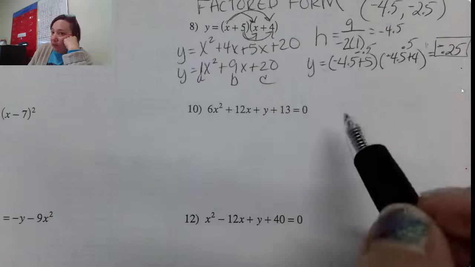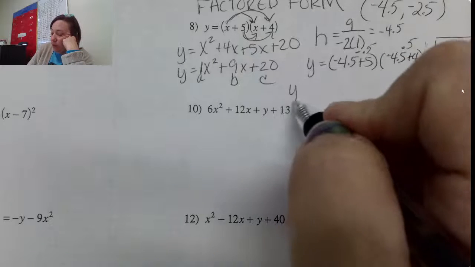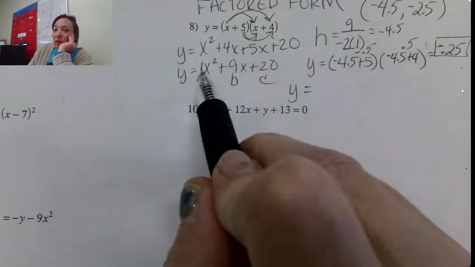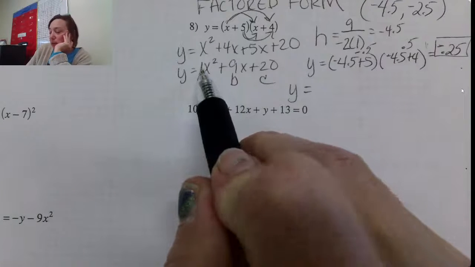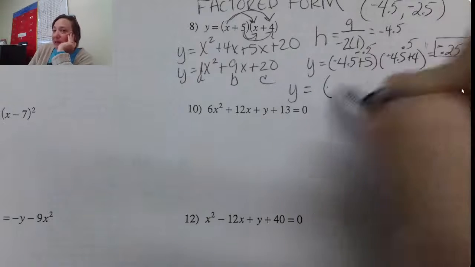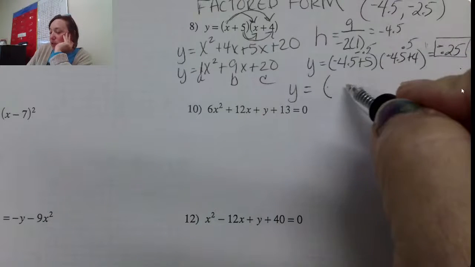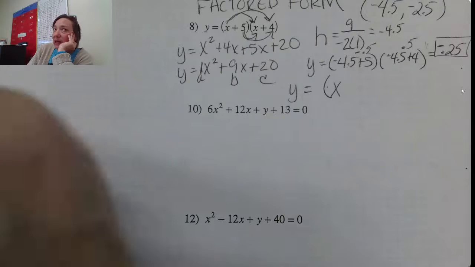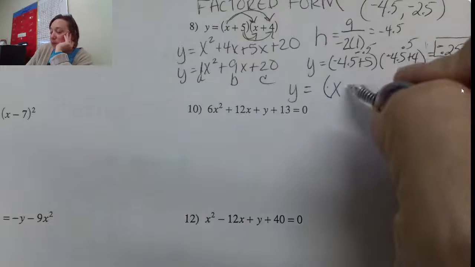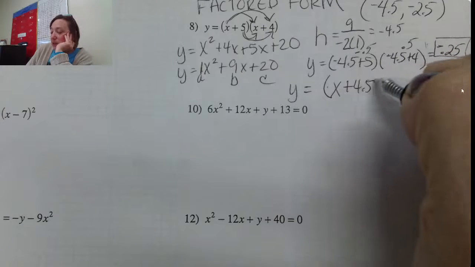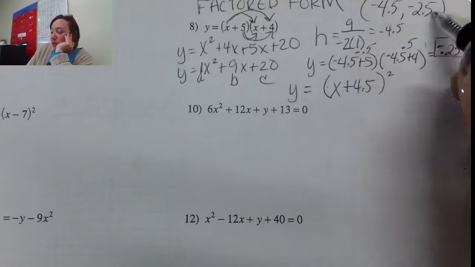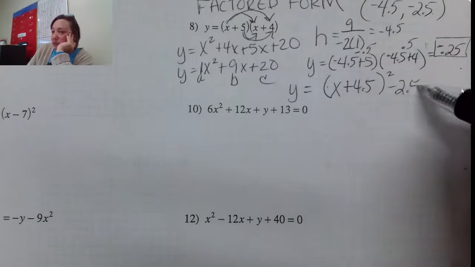So to put it in vertex form, we'll just plug those in. Well, we need our a. What was our a? 1. So when we go back to our multiplied out form, that's 1. So we don't write anything because it's a 1. And then we would do x minus negative 4.5, which is plus 4.5, squared, and then minus 2.5 because it's a negative.